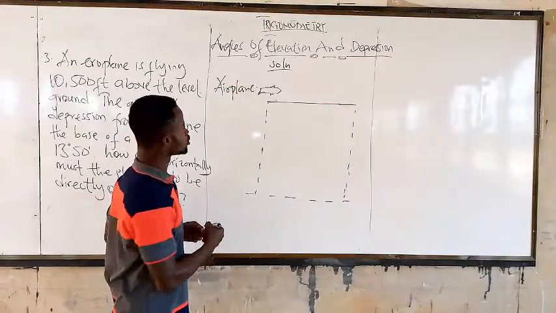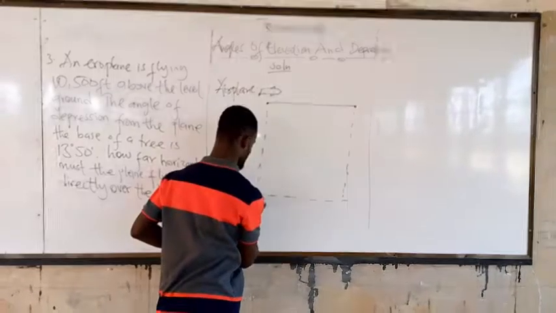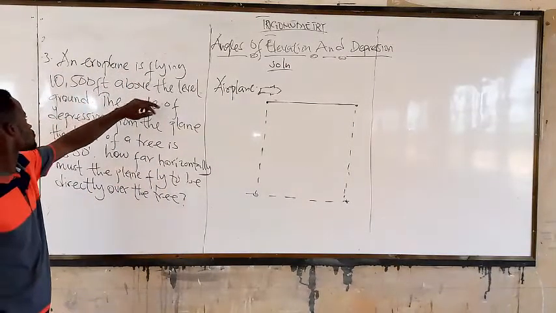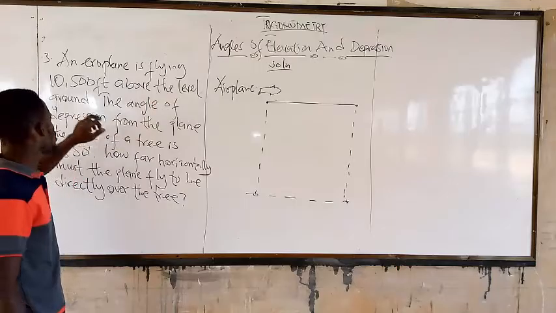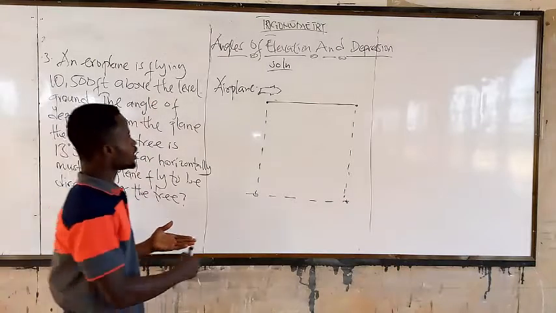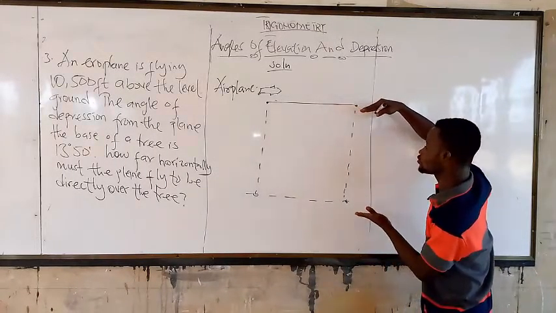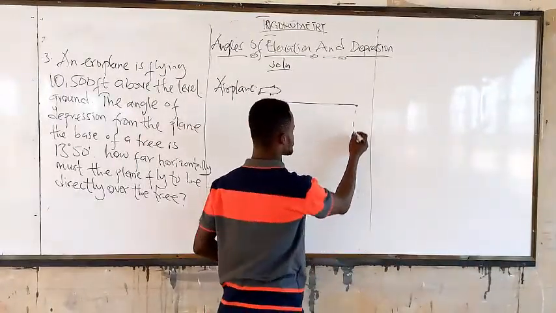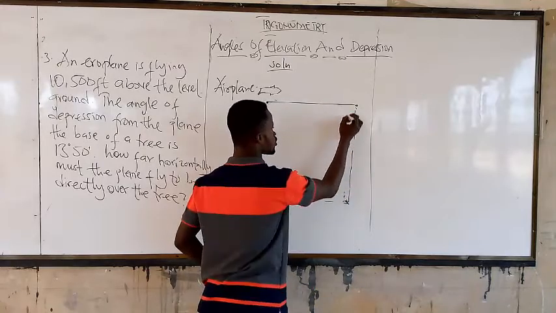Alright, good. And we are saying that an airplane is flying 10,500 feet above the level ground. So that means that it's going to form 90 degrees.